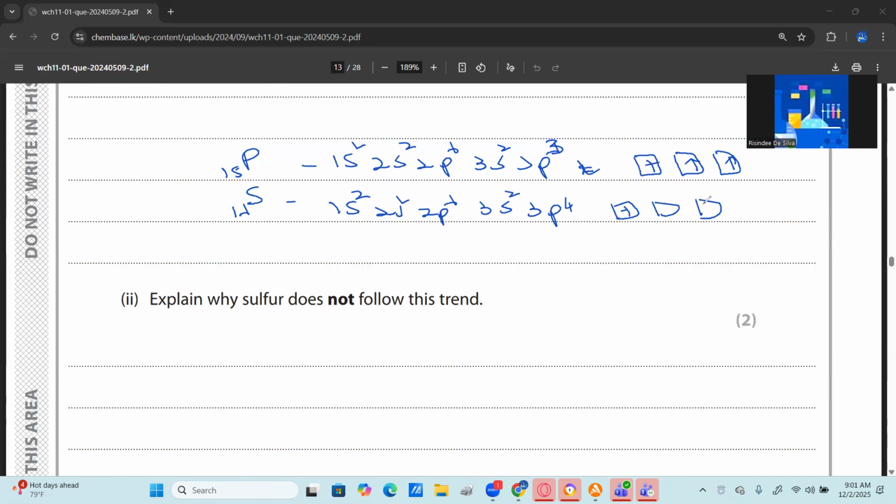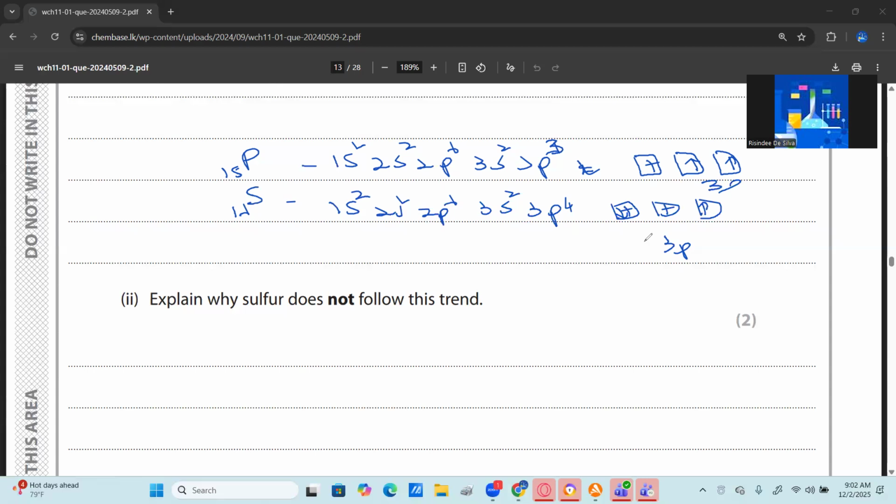When you have a paired orbital, there will be repulsion between the electrons, so it is easy to remove; you need to give only less energy to remove an electron from a paired orbital. In the marking scheme, they have given: sulfur has 4 electrons in the 3p subshell and one 3p orbital has a pair of electrons.